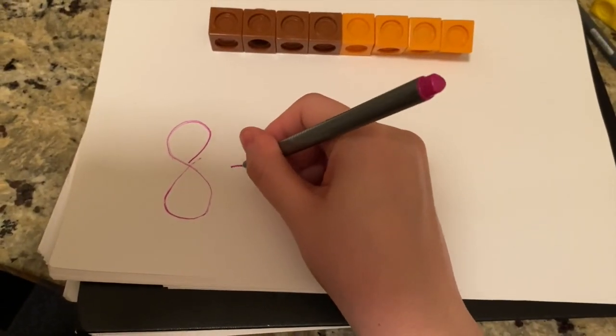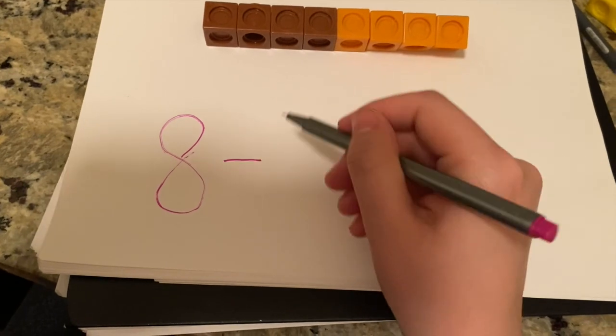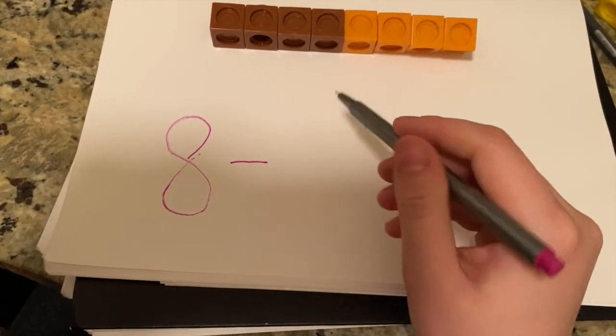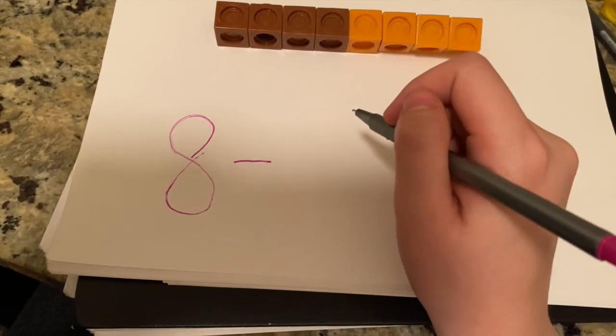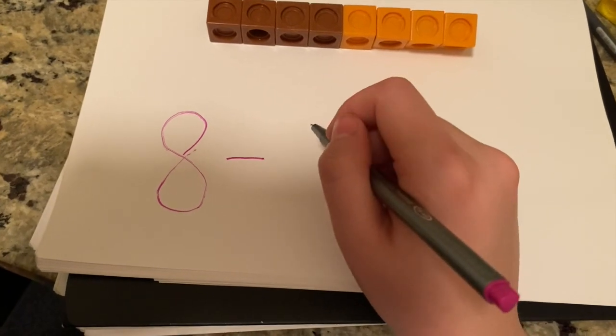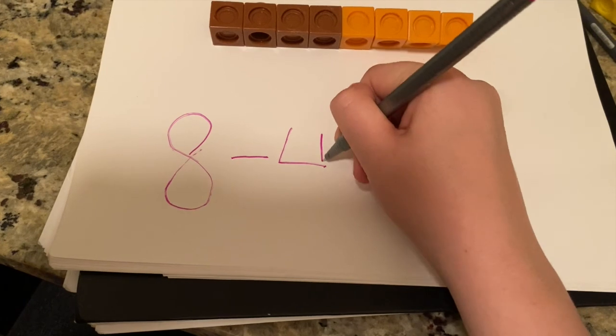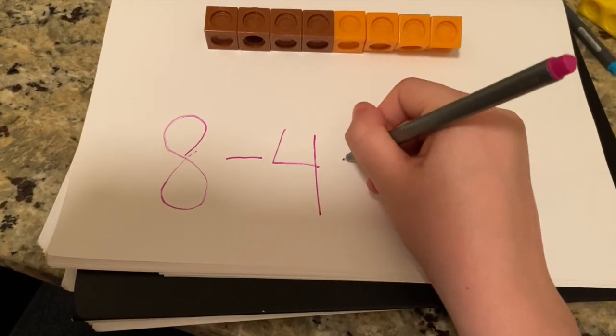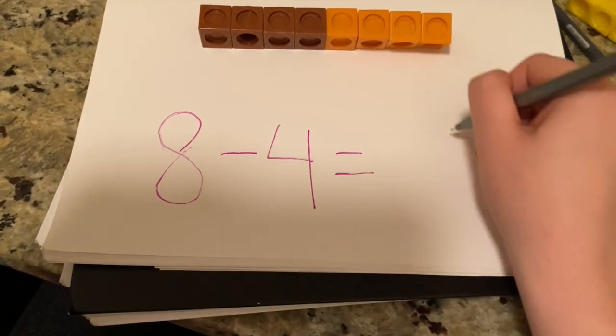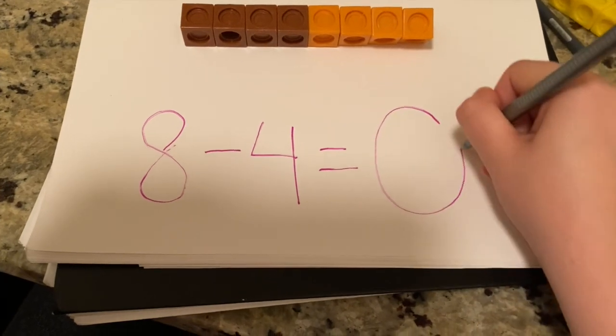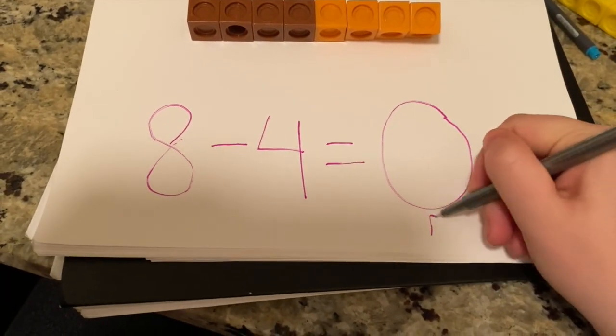Then we'll do minus to symbolize we're taking away or separating this second number, which was how many redhead siblings? 4. That's right. Then we'll do an equal sign. And what is the final number that we are solving for that will go in this bubble?